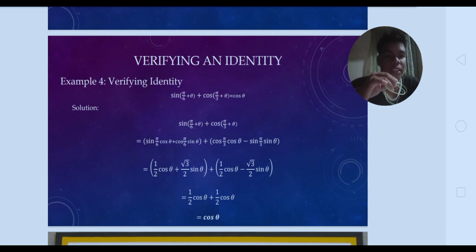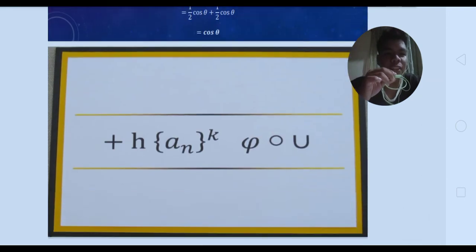We add them, and it gives cos theta. Therefore, sine pi over 6 plus theta plus cos pi over 3 plus theta is equal to cos theta. It is checked. It is verified. That's all for this lesson, and thank you.